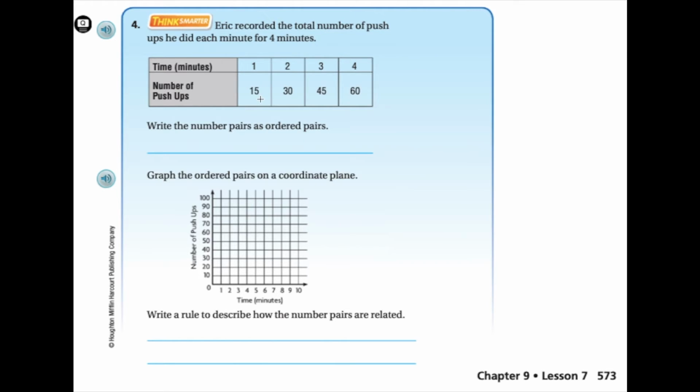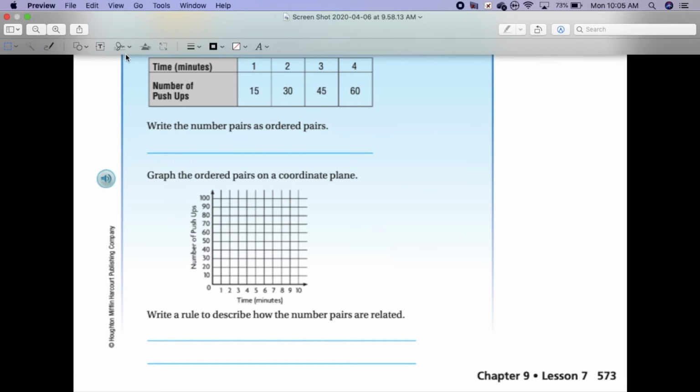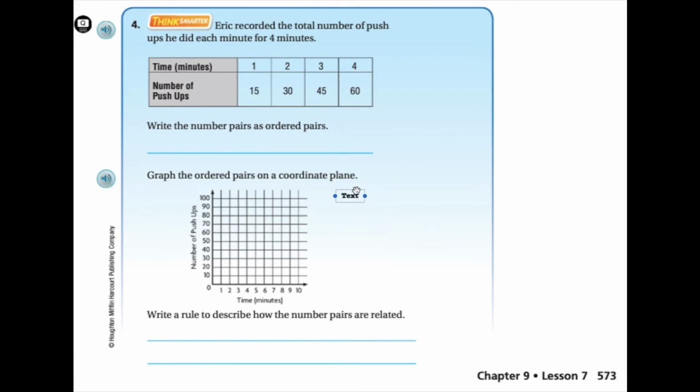Eric recorded the total number of push-ups he did each minute for 4 minutes. So right here, it says time, 1 minute, 2 minutes, 3 minutes, 4 minutes, and the number of push-ups. So for the first minute, he did 15 push-ups. For the second minute, he had done 30 push-ups. Third minute, 45 push-ups, and the fourth minute, he did 60. It says, write the number pairs as ordered pairs. So we're going to go ahead and write 1 and 15, 2 and 30, 3 and 45, and 4 and 60.